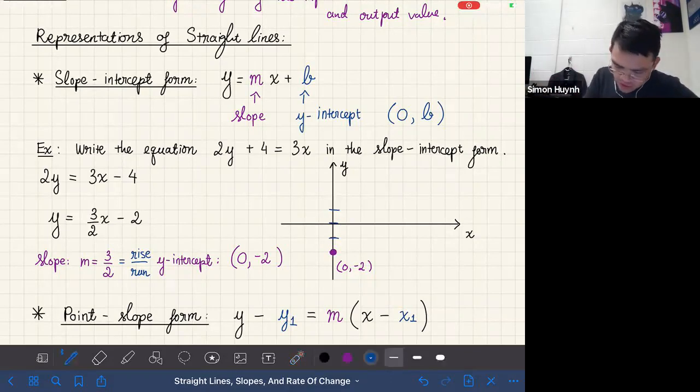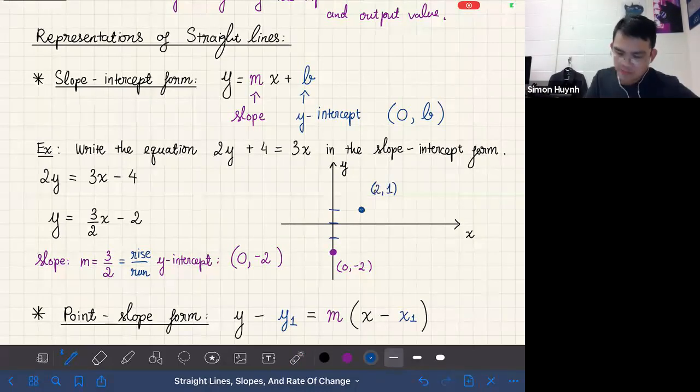So go over 2 units. I got to this point, and the location of that point is, let's see, we go up 3 units. So the y value is 1, and we go over 2 units from the point 0.